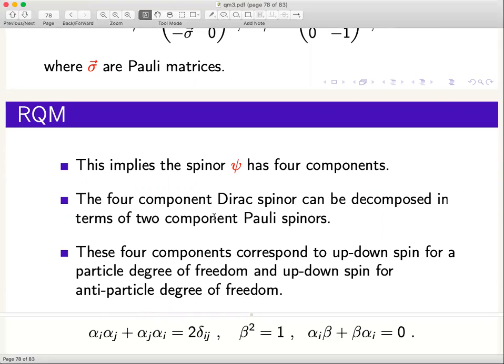You can decompose these 4 component spinors into two 2 component Pauli spinors, and then try to interpret them. The interpretation goes like this: out of those two components, is there a question?